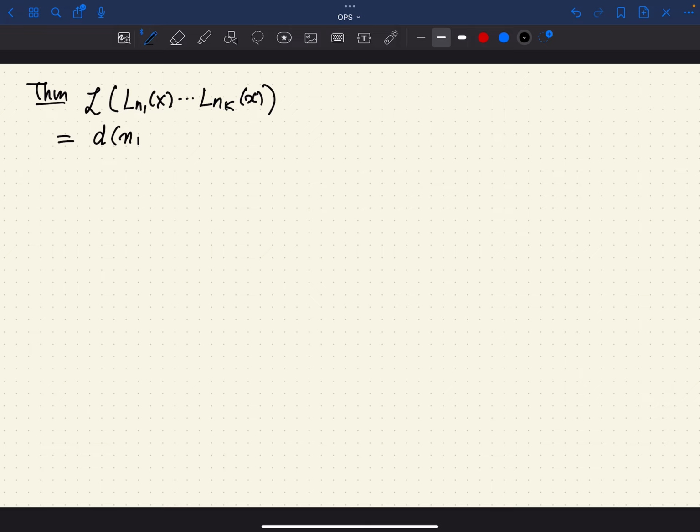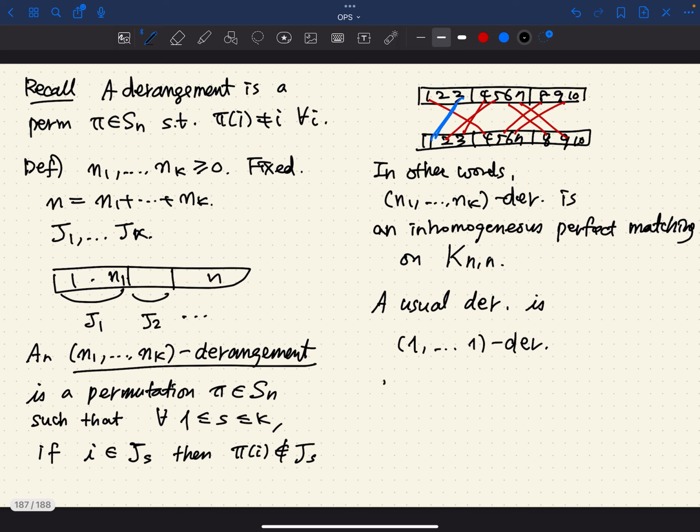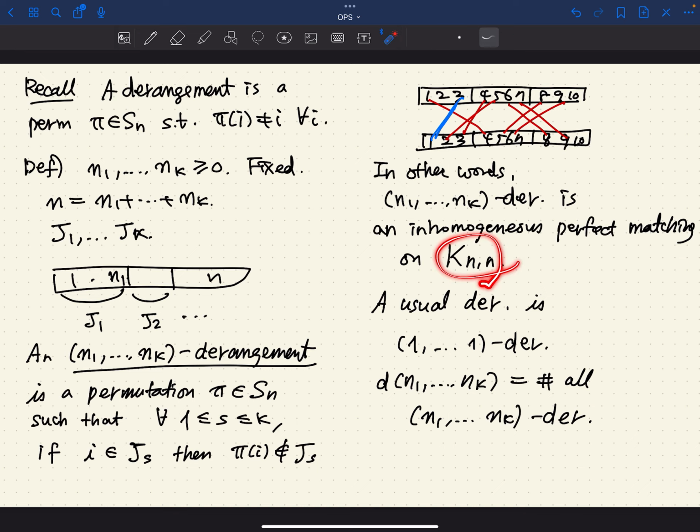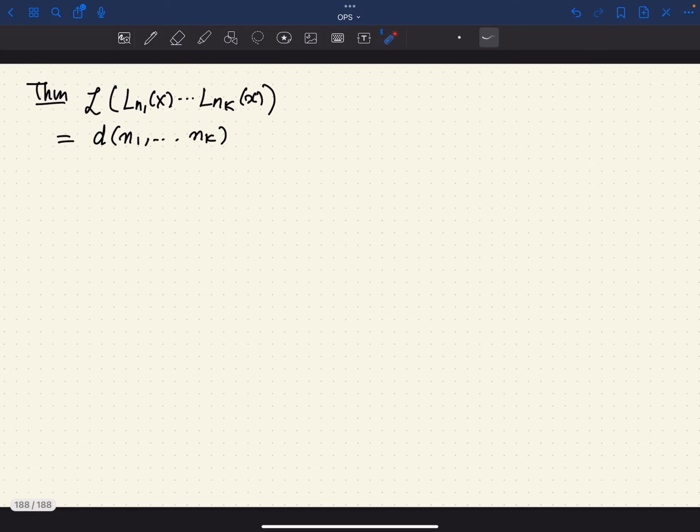I didn't define this, but d_{n1, dot dot dot, nk} is the number of all (n1, dot dot dot, nk)-derangements. So it's basically the number of derangements, or number of inhomogeneous perfect matchings on this. So it has similar structures.